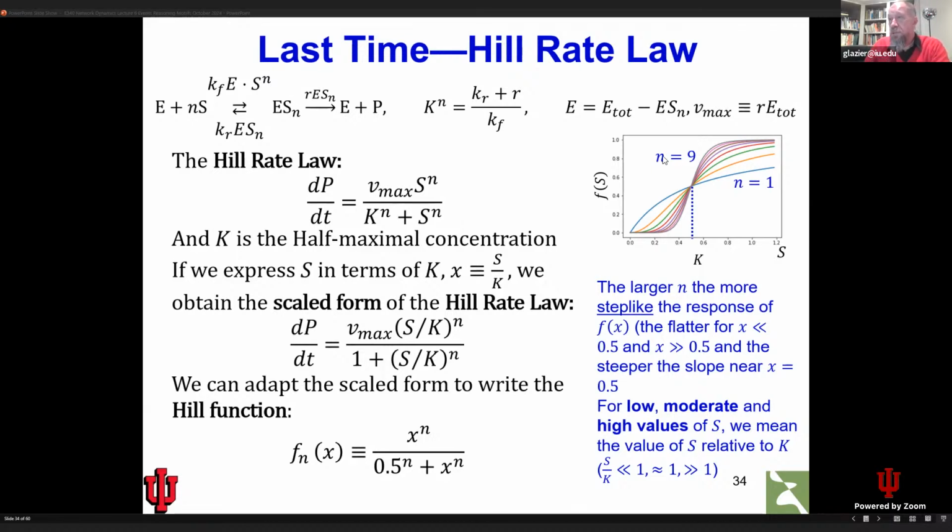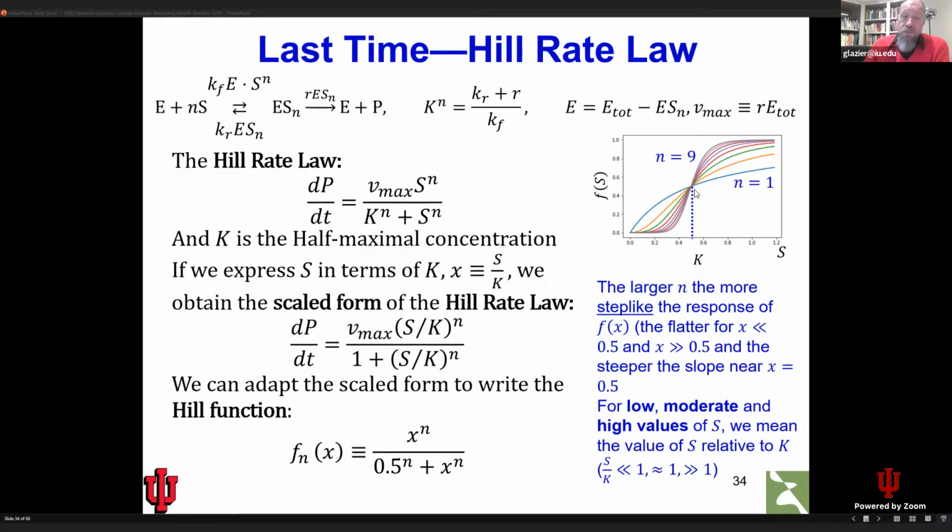And as I increase the exponent, if the exponent is between 0 and 1, the function is convex at 0 and has maximal slope at 0. If n is bigger than 1, the function is concave with 0 slope at 0 and has maximal slope at s equals k. It's a sigmoid.